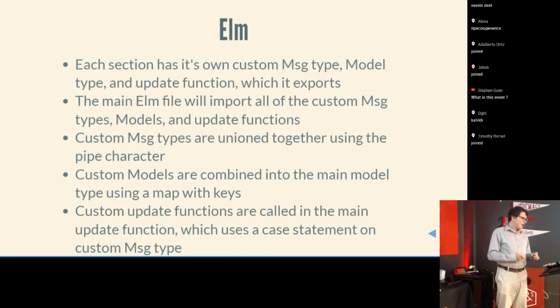So Redux kind of combines the steps of the shape of the state and the combined update function together in combine reducers. And as you see here, you have to do those separately when you split an app up in Elm.